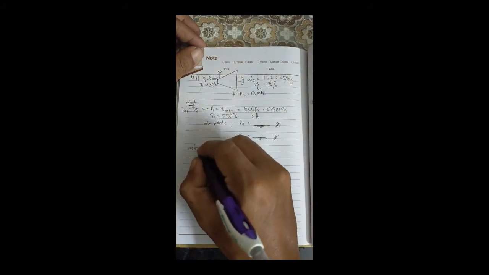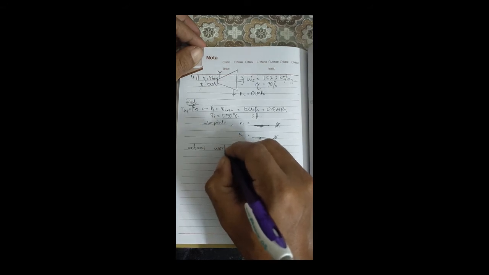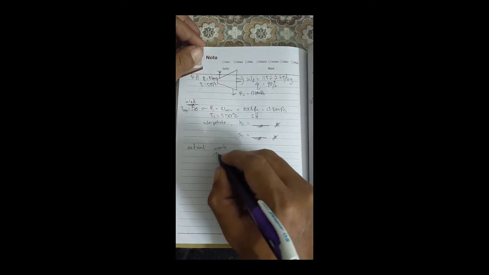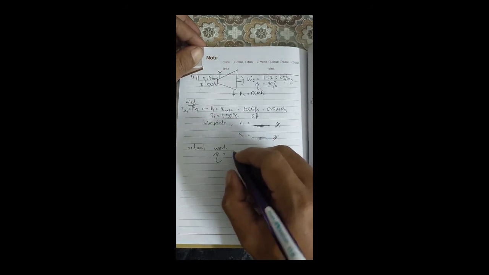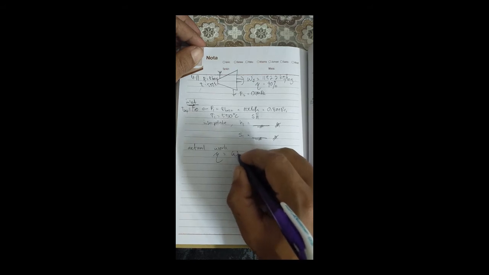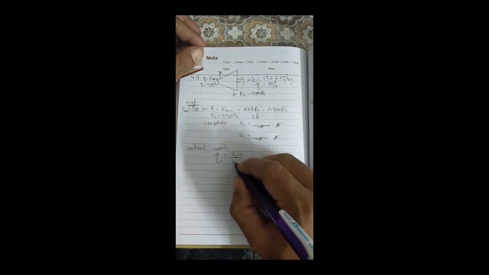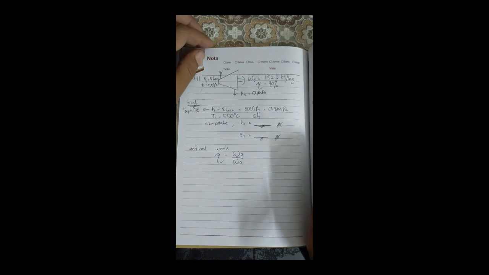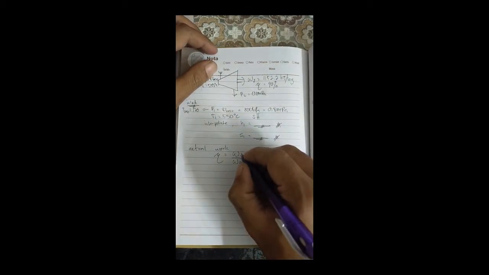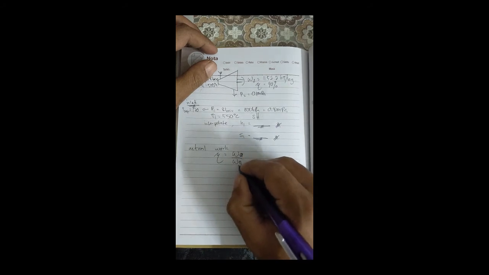Okay, actual work. So isentropic efficiency is your work actual per isentropic. Sorry, work isentropic per work actual... sorry, work actual per isentropic.